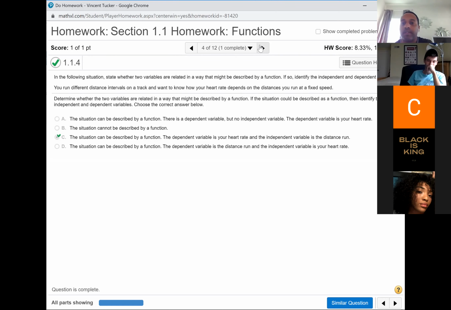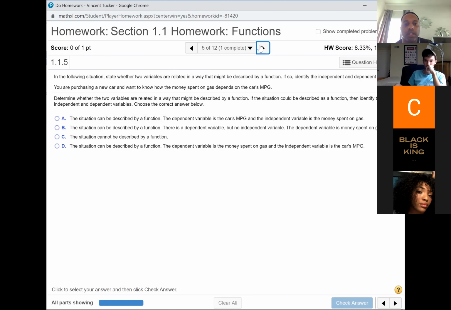Let's see if they have another one. Okay, one that was a good one that I saw before I came here is that if you jump out of a plane with a parachute. They emphasize with a parachute. You jump out of a plane with a parachute. Would the distance traveled and the time represent a function?